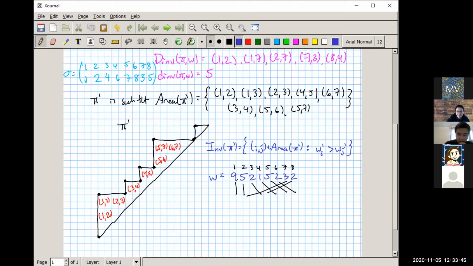Perfect. I did have a feeling I would be writing sigma inverse. So 3, 2, 2, 1, 5, 2, something like that. Good.